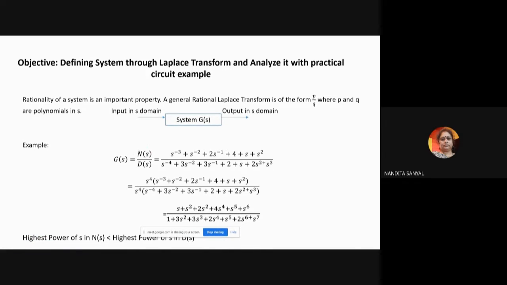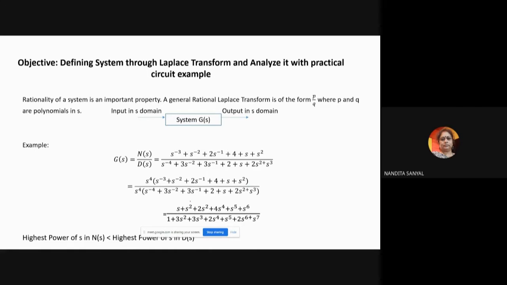The numerator polynomial is given by N(s) and the denominator polynomial is D(s). So let us take this example, where the numerator polynomial is expressed in the S domain with a series of s square, s cube, and like that. Similarly, the denominator polynomial is also expressed in the S domain.